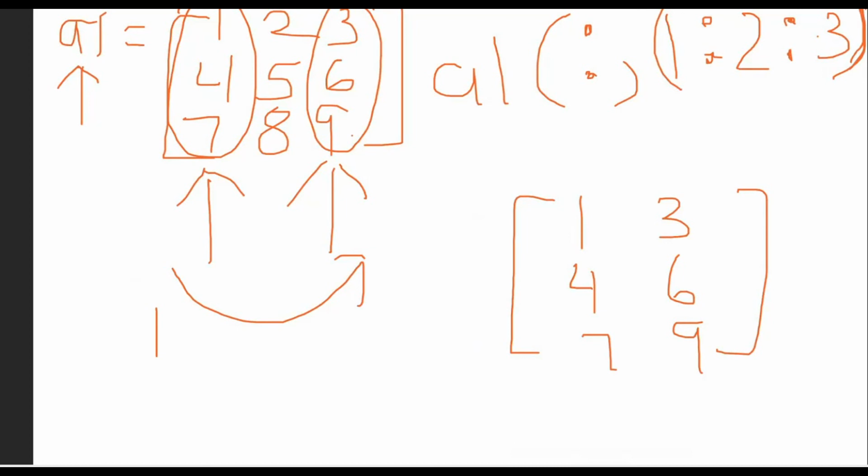By doing that, we're getting all rows, as you see here, and we're going to extract the first and third columns, because we begin at 1, we end at 3, and we skip 2.